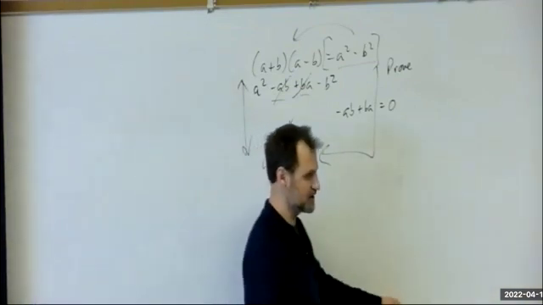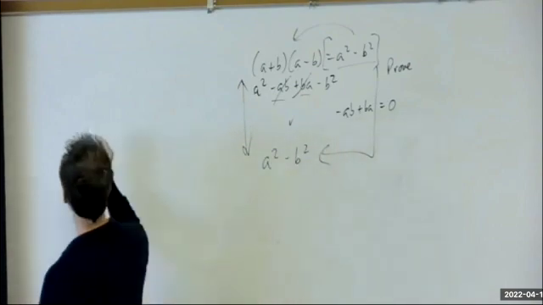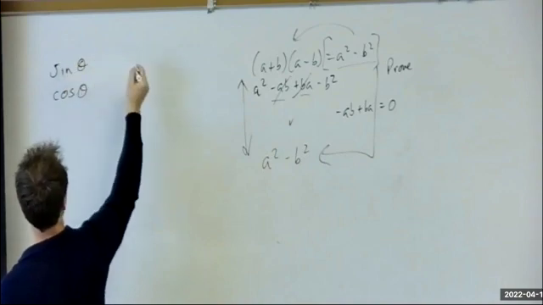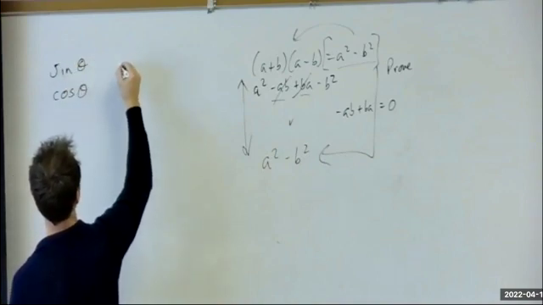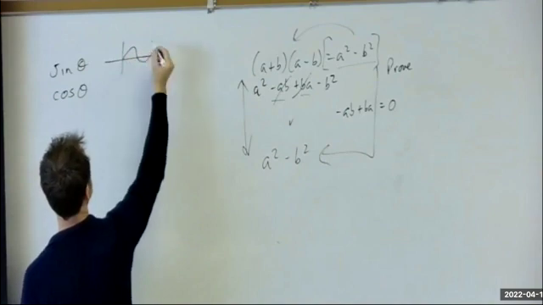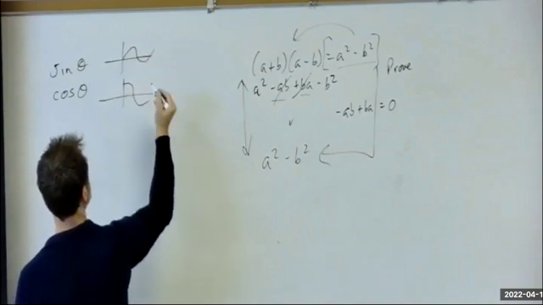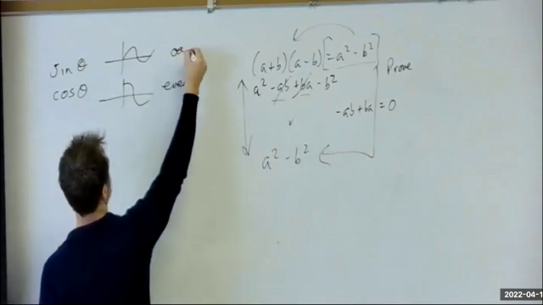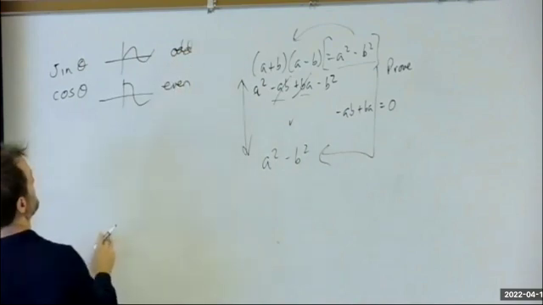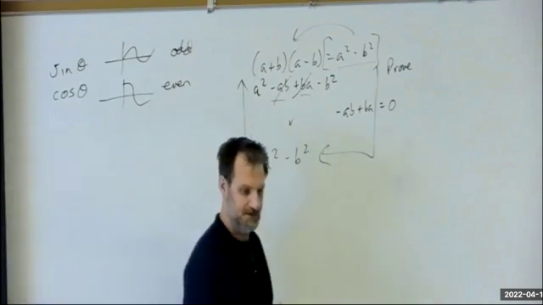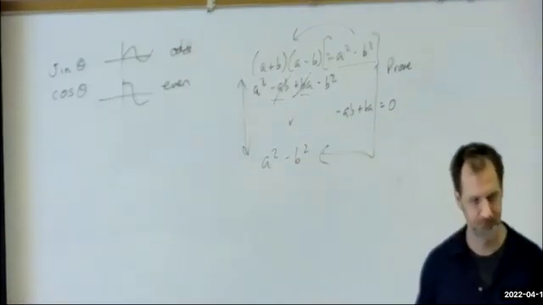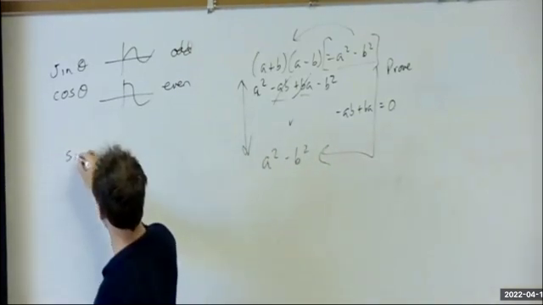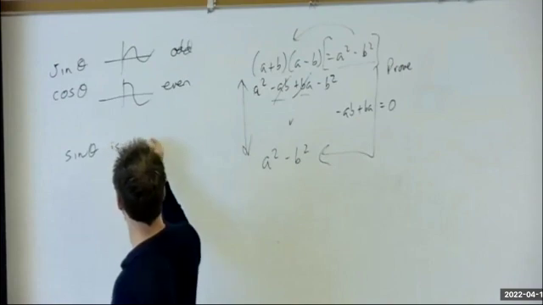We know a lot about sine and cosine. We know what they look like. We know that this one is even and this one is odd. You remember what that means? Those are symmetry terms. So sine of theta is odd.